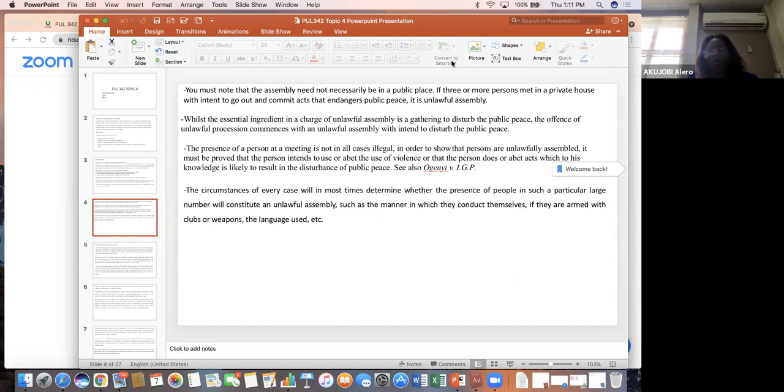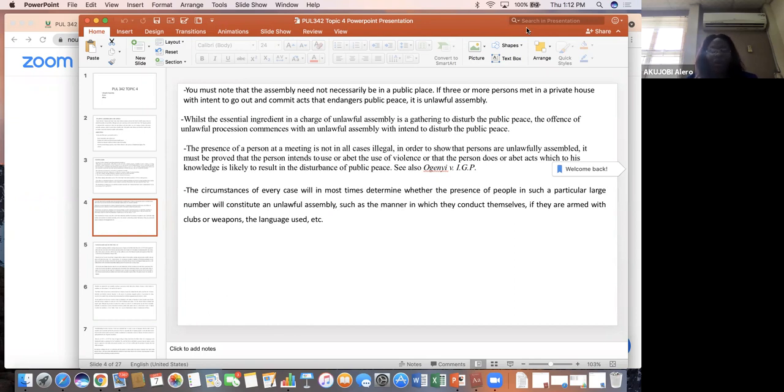So if, for instance, the initial assembly was in a private setup, but they are going out with placards, with leaves and all of that, with intent to cause mayhem, that can also be declared an unlawful assembly. So while basically the essential ingredient of the offense, apart from the gathering, is to disturb the public peace.